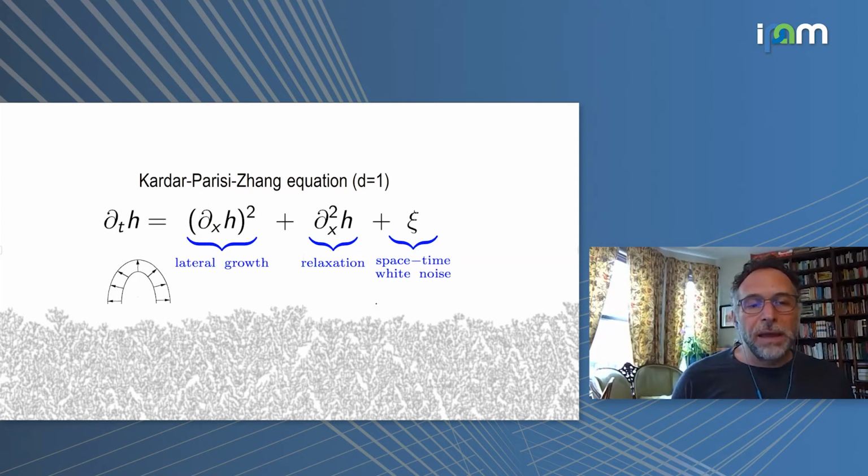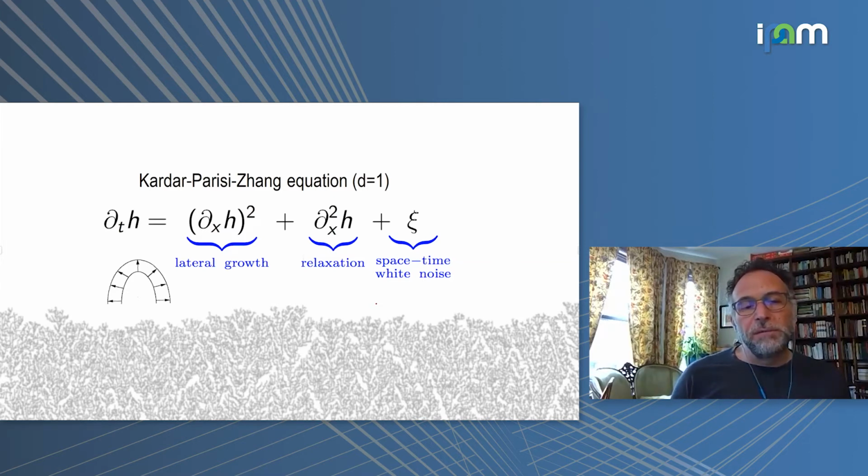Now you add the key term, which is this lateral growth term. So where does this lateral growth term come from? Well, in these models, and you should now be thinking a little bit more of the Eden model, the growth is in the normal direction. The growth is outwards. And that's happening here too because of the sticky particles.